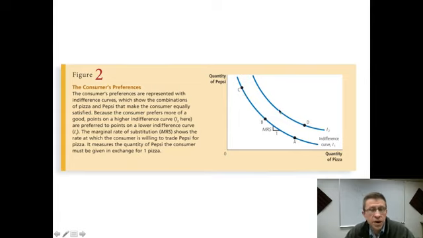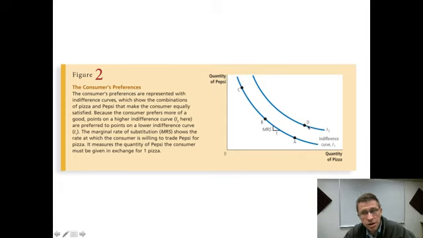But then we have another curve out farther. What can we say about that curve out farther? Well, you get more. Look at D. You get more of both pizza and Pepsi. There's the idea of non-satiation of preferences, which is a fancy way of just saying more is better.